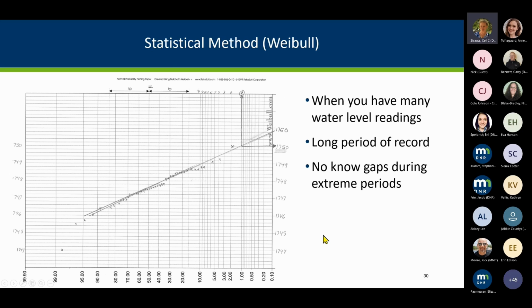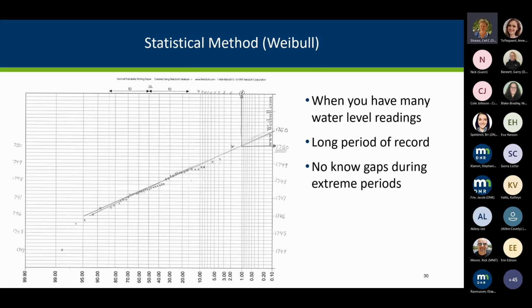Another method that gets used occasionally is when we have a really good record of water levels going back many years, and we don't have any gaps in the data, especially in the years when we know we probably had higher or lower lake levels on that basin.